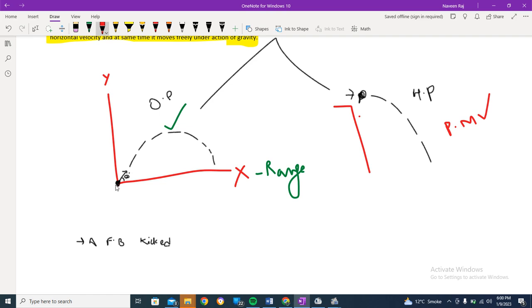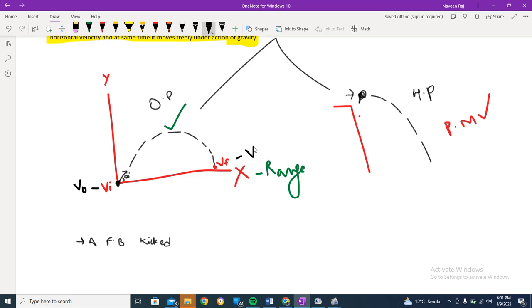Here we have got the initial velocity from which the object is thrown, and here we have got the final velocity. The initial velocity is denoted by v naught, while the final velocity is denoted by capital V.